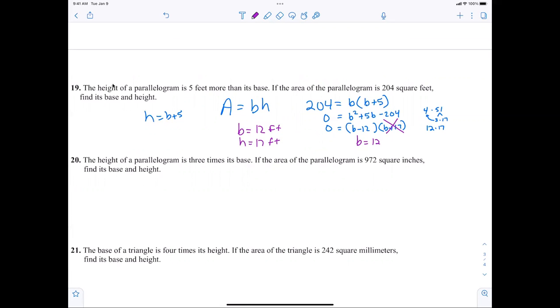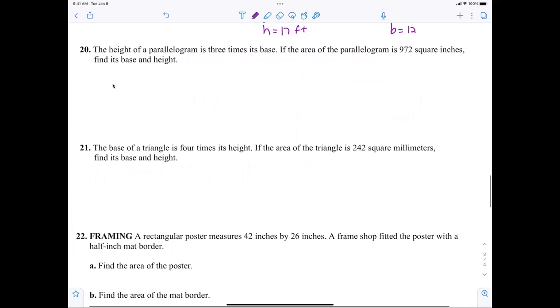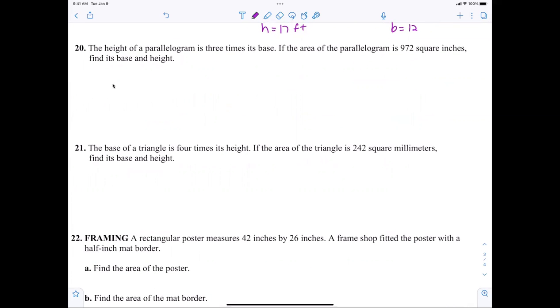All right, so here we go. Now we're going to work with squares and square roots, I think. So the height is 3 times the base. So again, here, area equals base times height, right? So 972 is equal to B times 3B. So what's B times 3B? 3B squared.